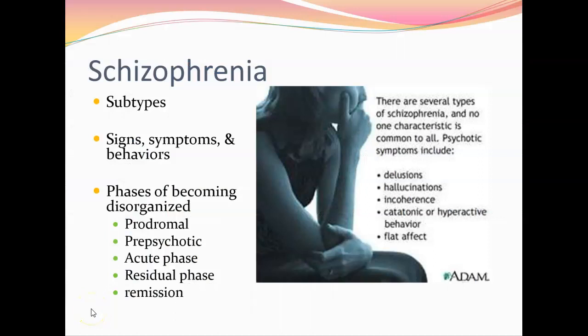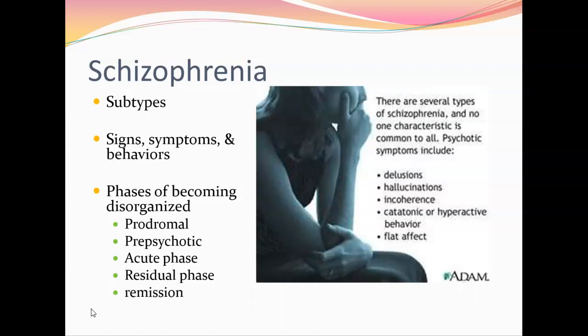Some of our key symptoms of schizophrenia will have what's called positive symptoms. This is where we have delusions or hallucinations. We'll see disorganized speech patterns, and I'll talk about some of those here in just a minute. They may have disorganized behavior, and then what's called negative symptoms. These are like movement disorders, a flat affect, anhedonia.